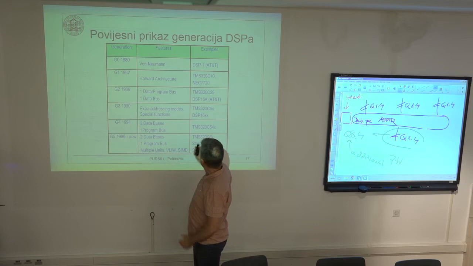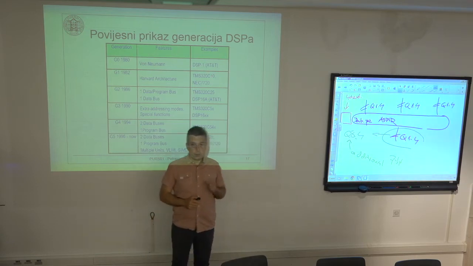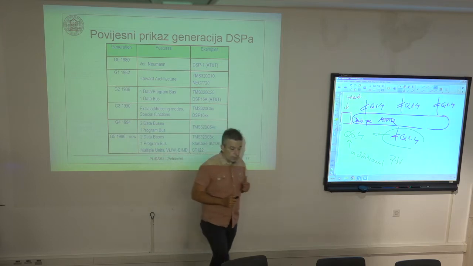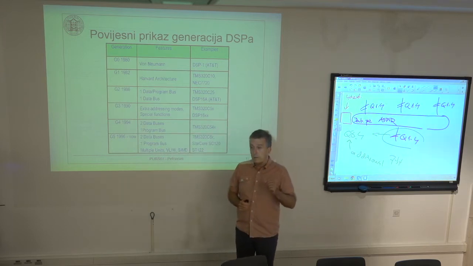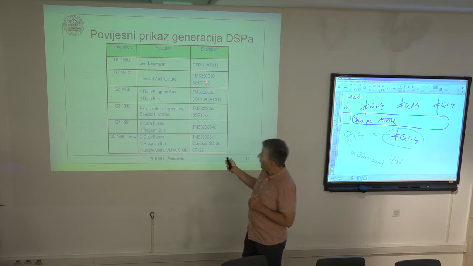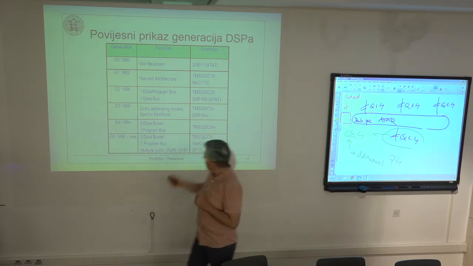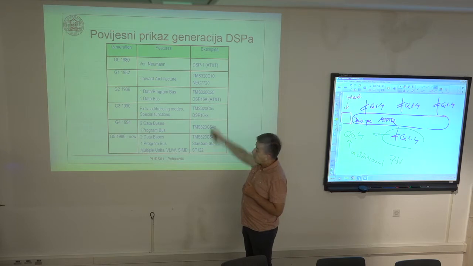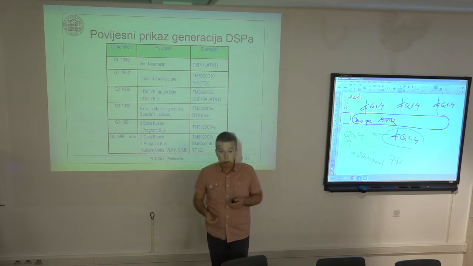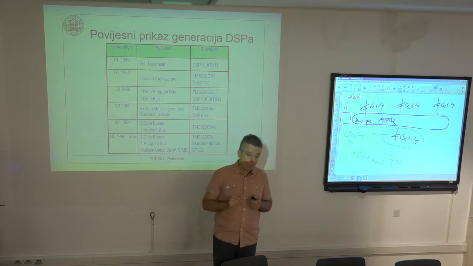The original one, the 10, was initially implemented in MOS technology, not CMOS. For that reason, a single 5-volt power supply was not sufficient. You had to have another, I think 12 volt, as an additional power supply. And the C25 was in CMOS, and it was the first DSP CPU that was a single chip powered from a single 5-volt power supply.